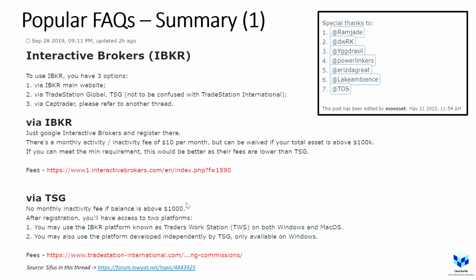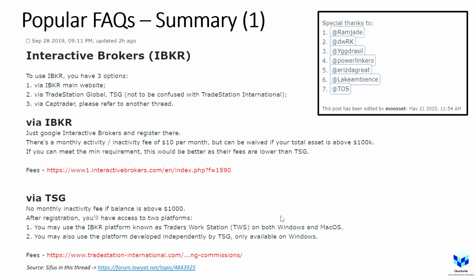And if you do, you just get charged an activity fee of $1-ish. And over here it mentions how you can use the Trader Workstation. So this is IBKR's platform. Think of it like your portal where you sign in to do your trades and things like that.